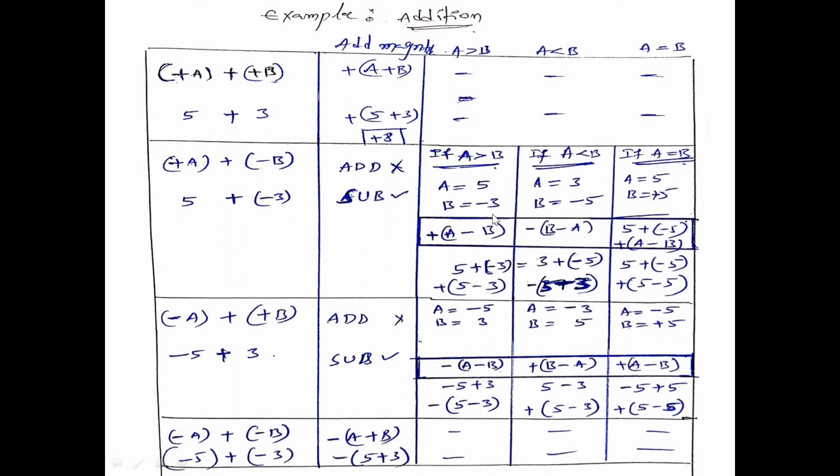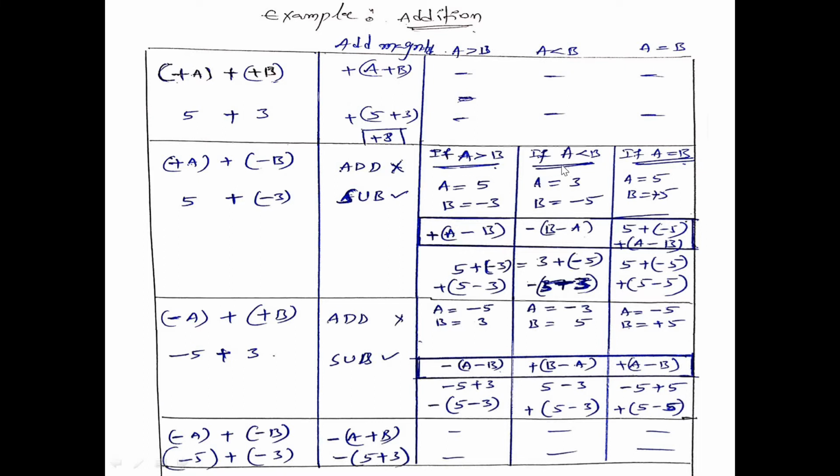The operation is 5 plus minus 3, the same as 5 minus 3. After subtraction we observe the result equal to 2, which is a positive number. So the operation A minus B is equal to a positive number. In the A greater than B case, positive is common for the A minus B operation.